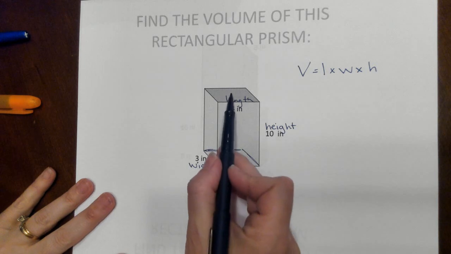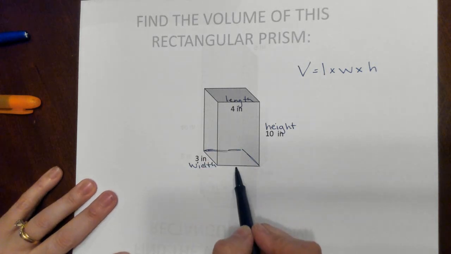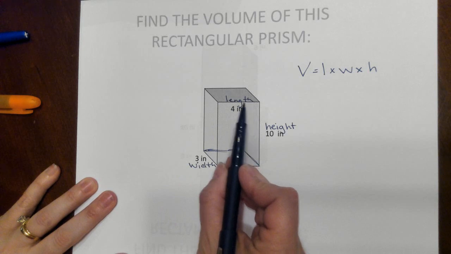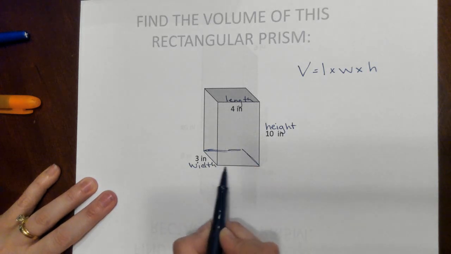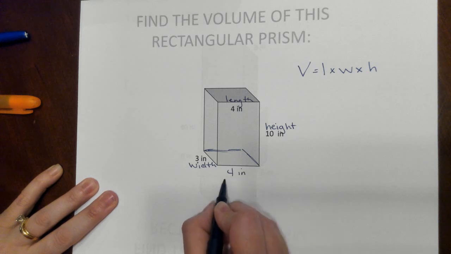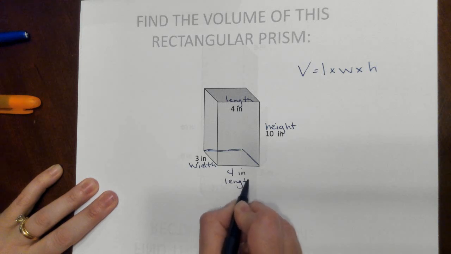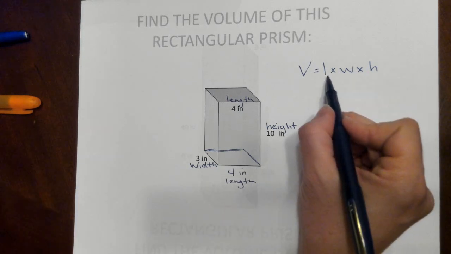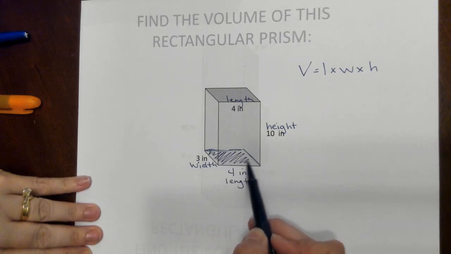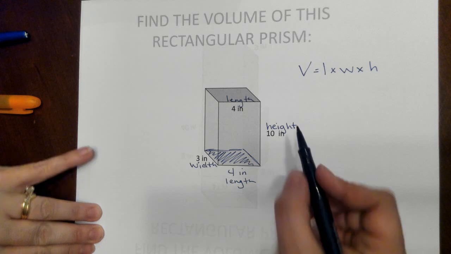So when I'm thinking about this base in the area, don't forget that the top and the bottom are the exact same shape. So just because this measurement is up here, we know that that's the same as down here. So that way, when we're finding the length times the width, the base area, we see it right there.